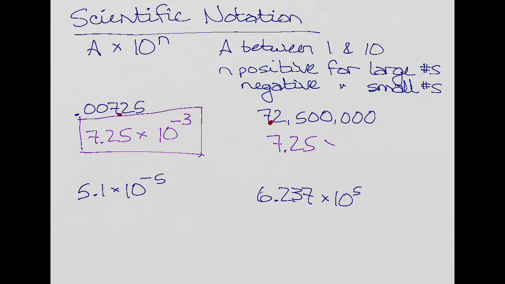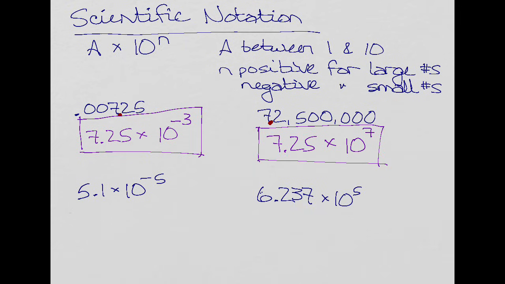This is a big number, so I'm going to have 10 to a positive power, and what I'm doing is counting how many times did I have to move the decimal point to get it to the end of the number. So let's count. 1, 2, 3, 4, 5, 6, 7. So that's 10 to the positive 7, since this is a large number. So there's the same number, just written in scientific notation.